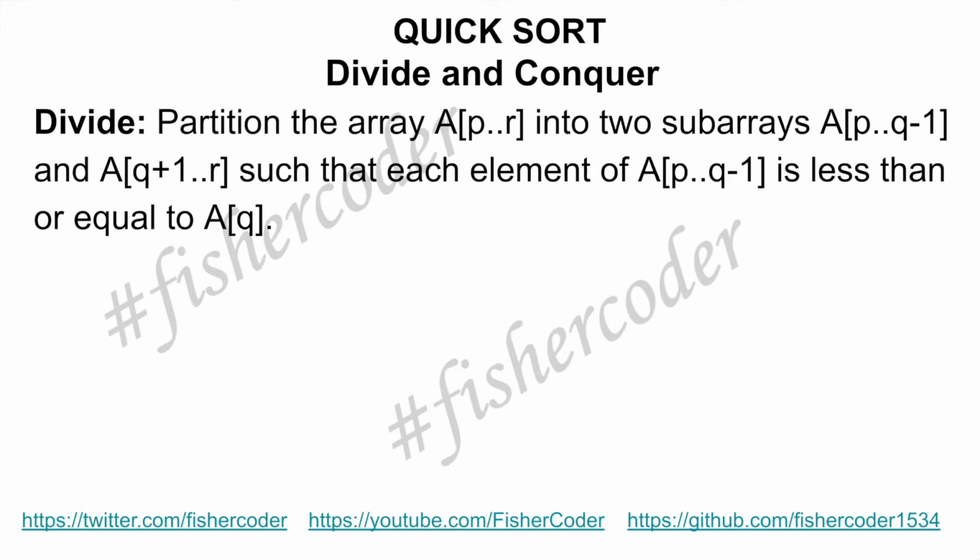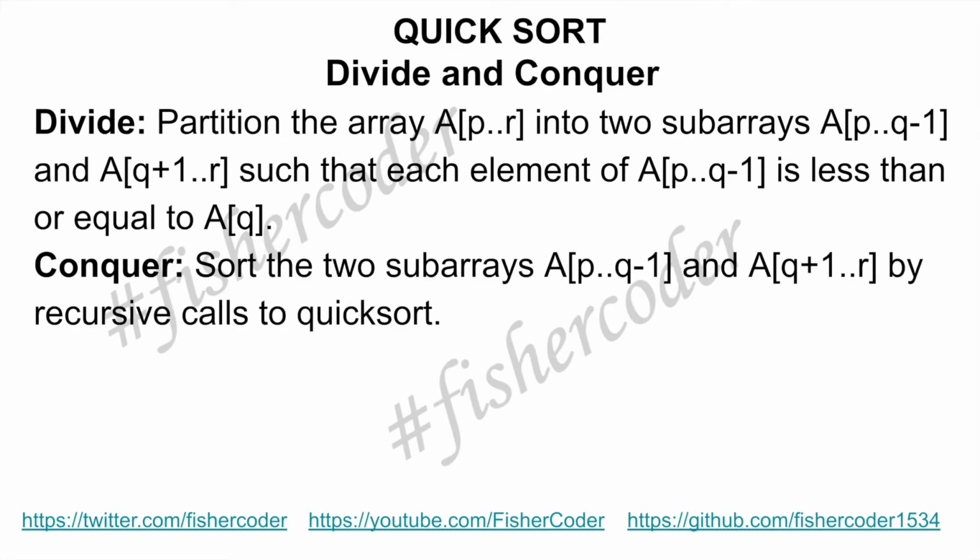Q is the partition point, such that each element of the first partition is less than or equal to A[Q]. So Q is the pivot point, where everything prior to Q will be smaller than or equal to, but not greater than, A[Q]. Second step, we will conquer.